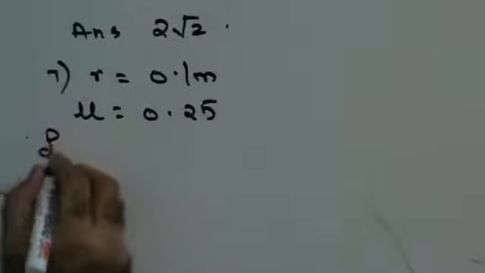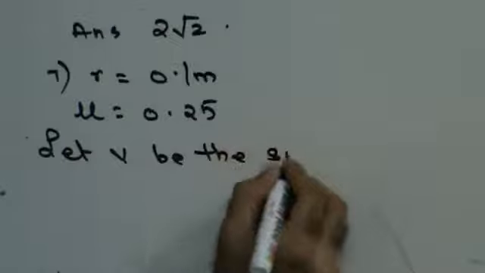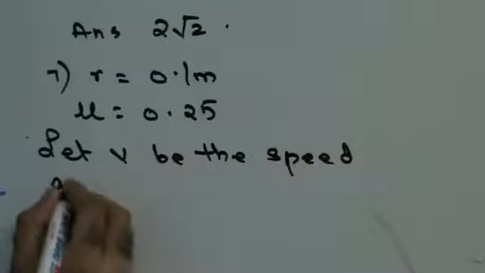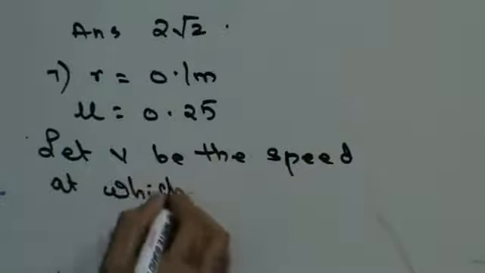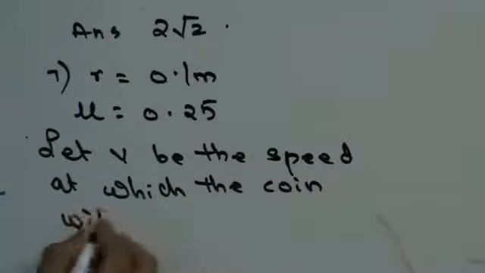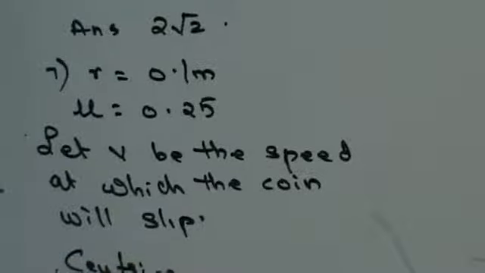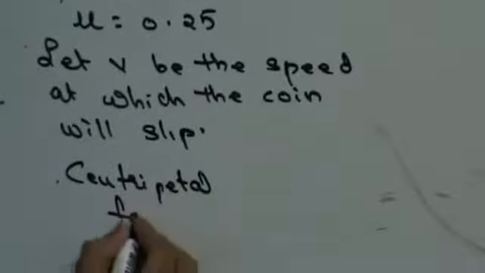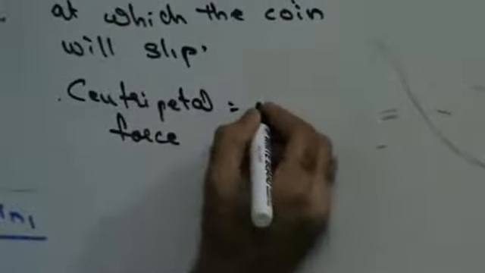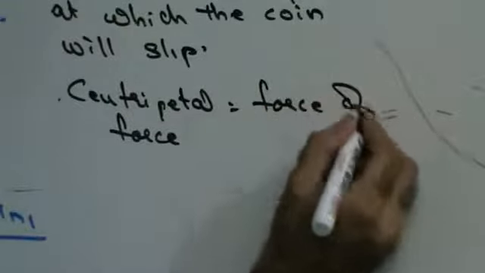Now let us assume, let v be the speed at which the coin will slip. Now I can say that the centripetal force is going to be produced by the force of friction.